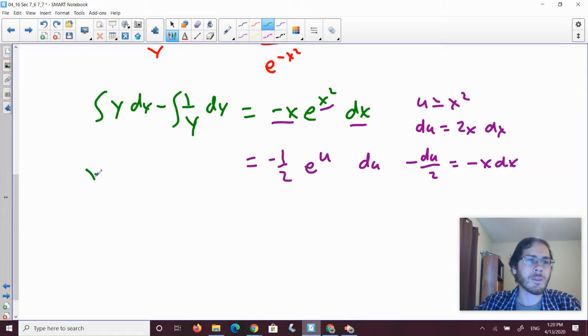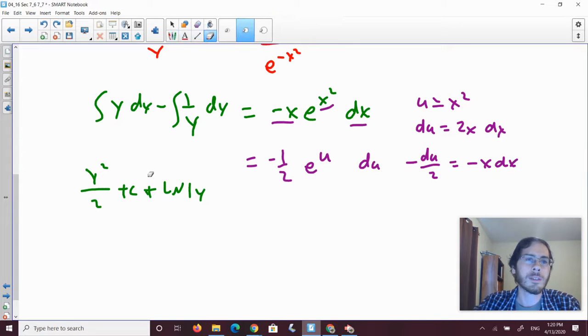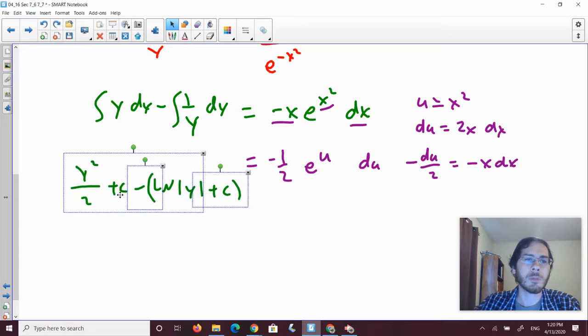Integral of y is y squared over 2 plus c. Integral of 1 over y is ln of y. Oops, that's a minus sign. Ln of y plus c. I guess we want to move those up a little bit.